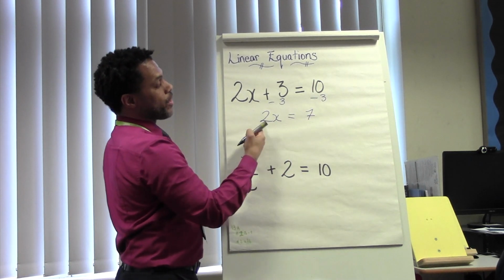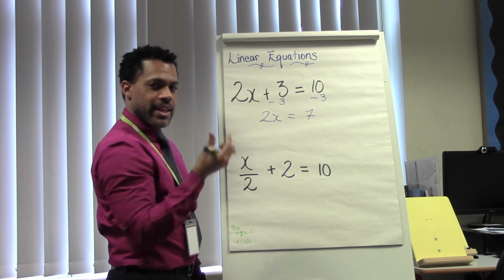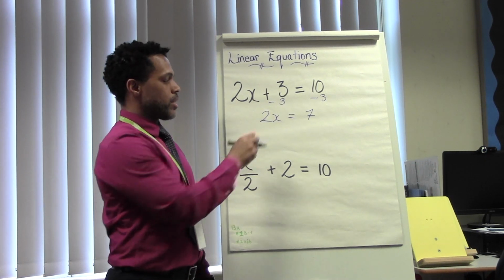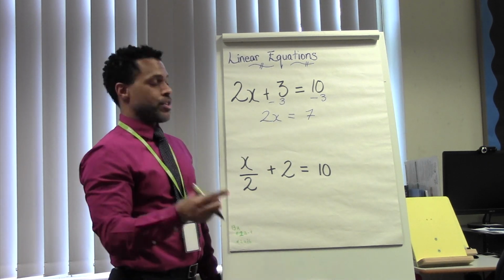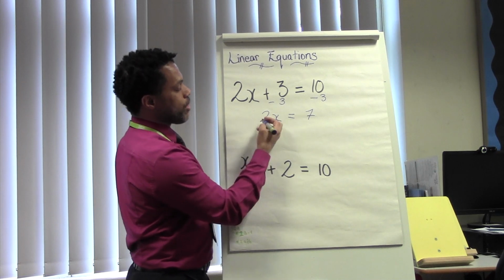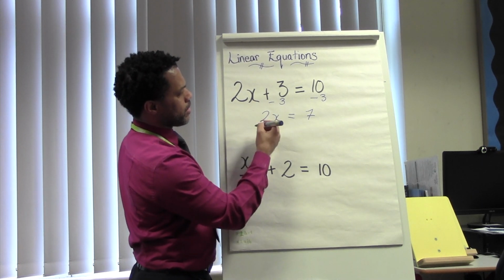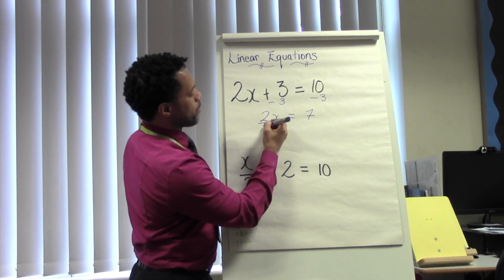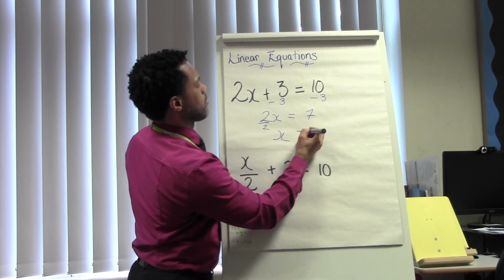So now I look at this. If I have a coefficient and a variable pushed together like that, that means I am multiplying. So the inverse to multiplication is division. So to get that to be by itself, I can divide this side by 2. This gives me x.